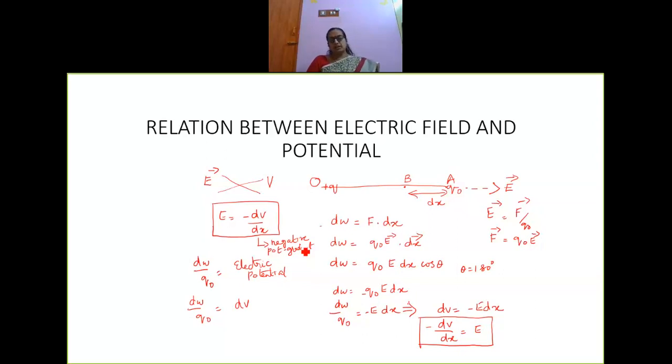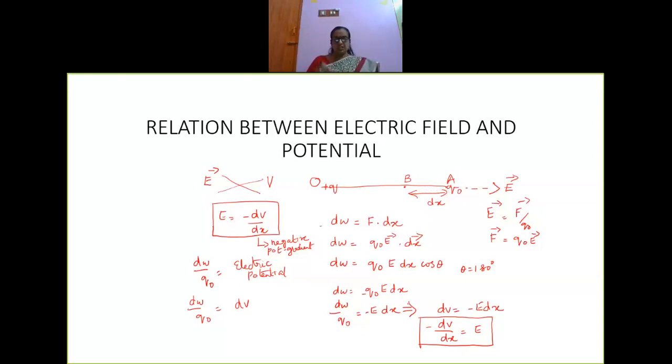And why do I have a negative sign here? The negative sign indicates that the potential keeps on decreasing in the direction of the electric field. When compared between these 2 points A and B, which potential will be greater?